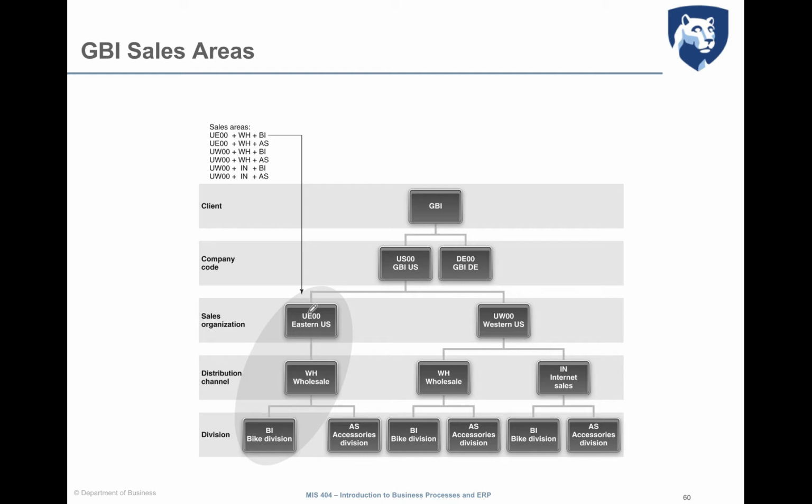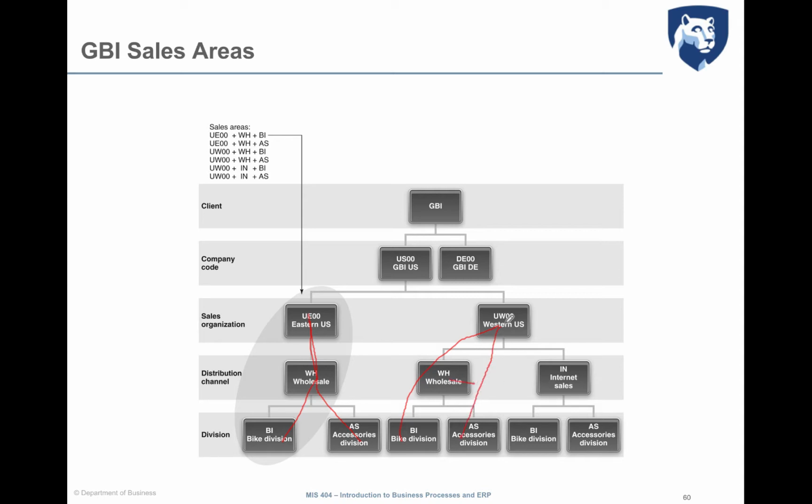So Eastern, wholesales and bike. Then you have also Eastern wholesales accessories. So Eastern sells accessory through wholesales, and this is the second. The third one is Western selling bike through wholesales. The fourth is Western selling accessory through wholesale.